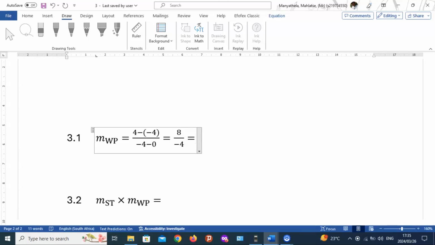Do not forget the negative, because the 4 is negative, it's not positive. So the gradient of WP is equal to -2. You are done.